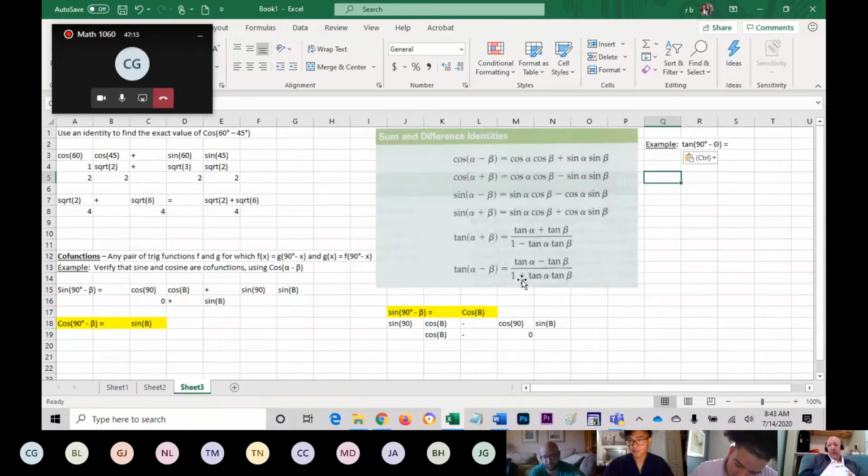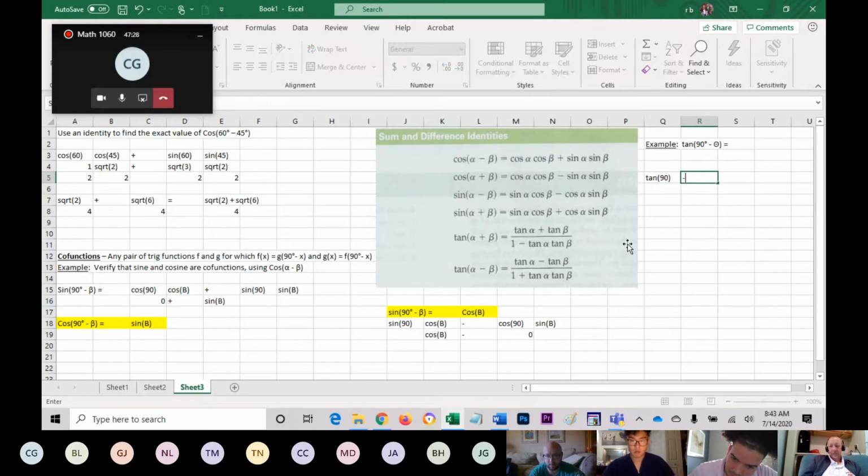So tell me what to type on this formula here. So it'll be tangent of 90 minus beta, or x, sorry. Or we could call it beta. Let's call it beta, that's fine. Okay.